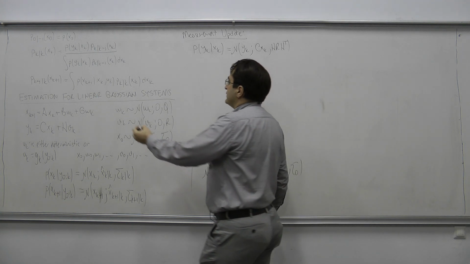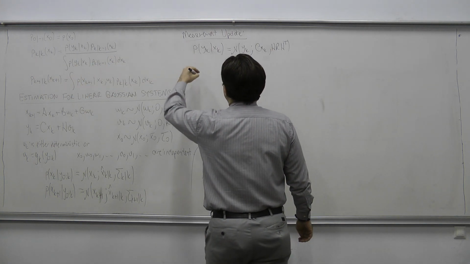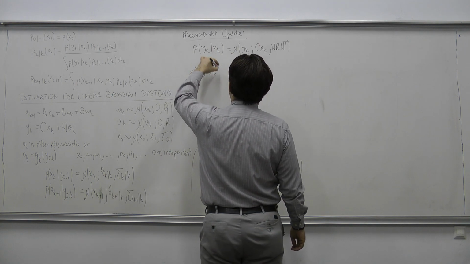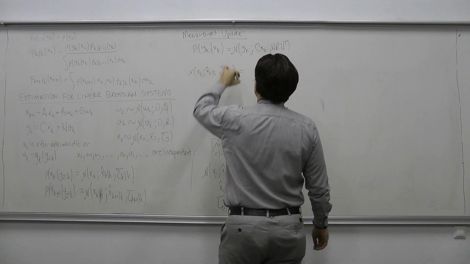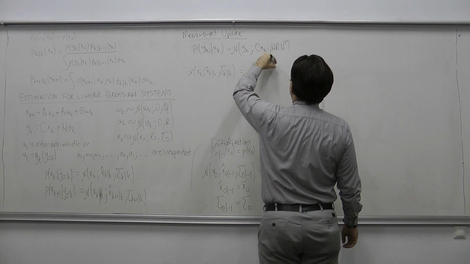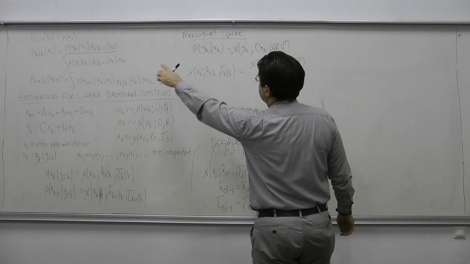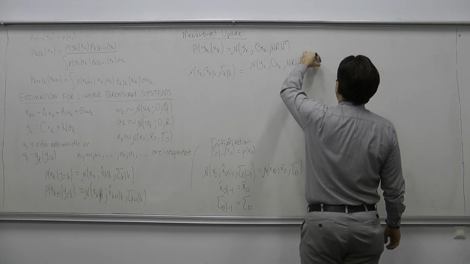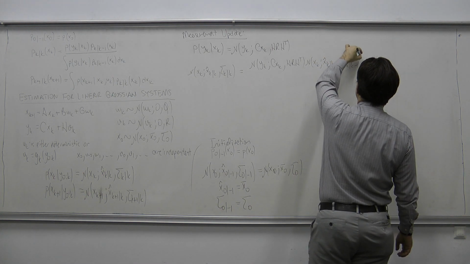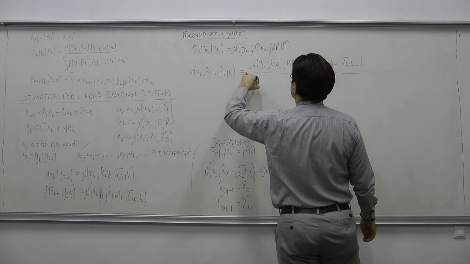And now I can actually substitute it into this formula. So P of xk given y0k is a normal distribution, normal xk, x at k given k, sigma k given k, is equal to the likelihood, normal yk, Cxk, HRH transpose, times the predicted distribution, normal xk, x at k given k minus 1, sigma k given k minus 1, divided by this quantity integrated, okay?